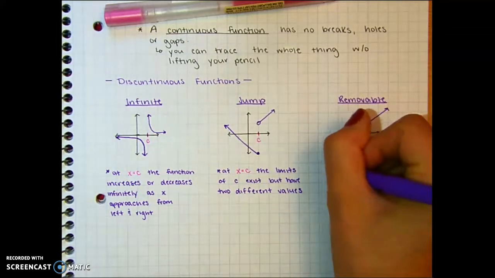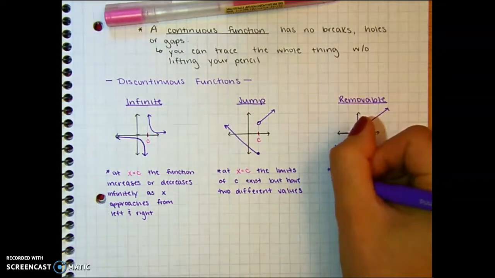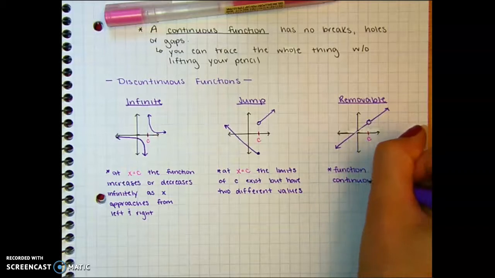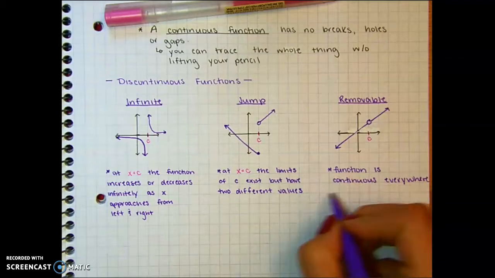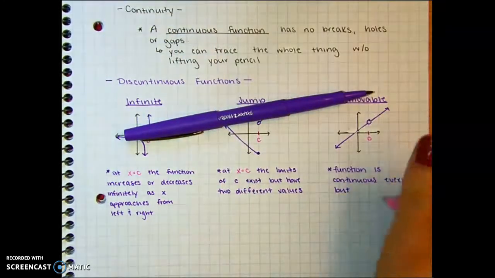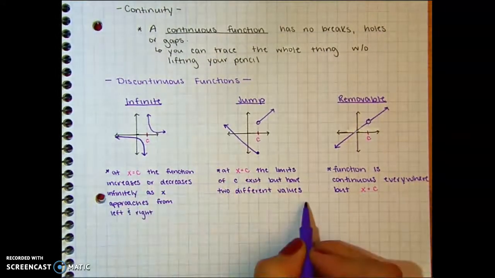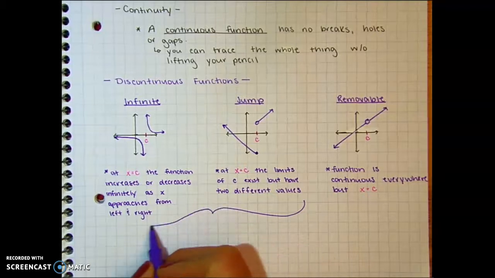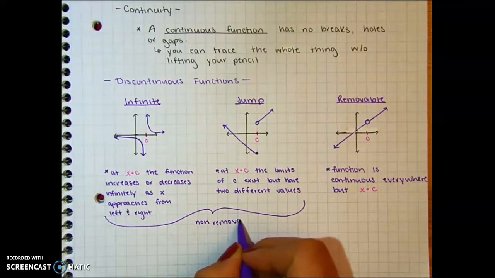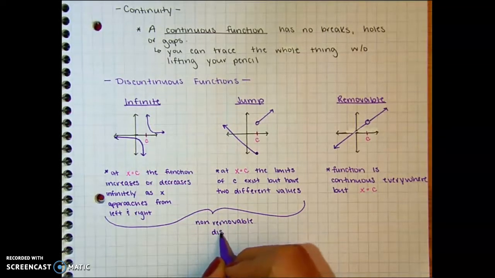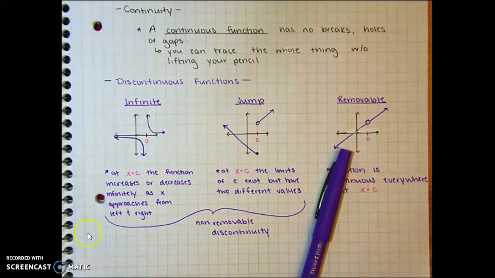So the function is continuous everywhere but where x equals C. And then these guys, infinite and jump, we can put them in their own little category of just non-removable. Okay, so those are your three different types.